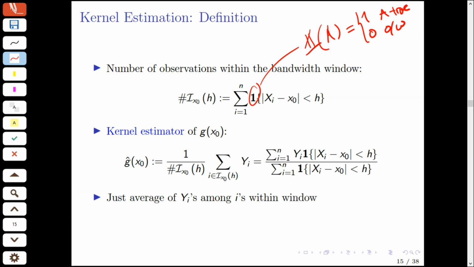Having introduced this notation for our I set, as well as the cardinality of this set, the number of elements in the set, we can define the kernel estimator as the average of outcomes for observations which fall inside our window of opportunity. That is, this is just the average among i's within our window.